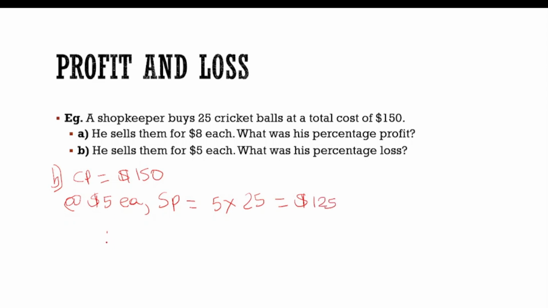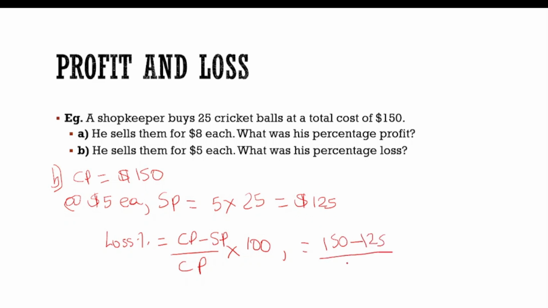And we know that loss percent is equal to cost price minus selling price over cost price times 100. So that is equal to cost price, which was $150, minus the selling price, which we just calculated to be $125, over cost price, which is 150, times 100.